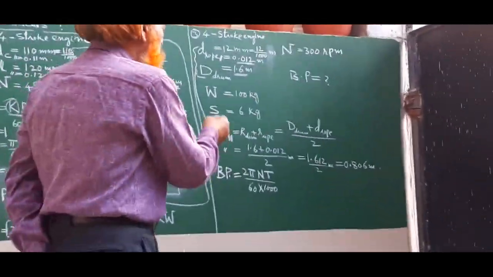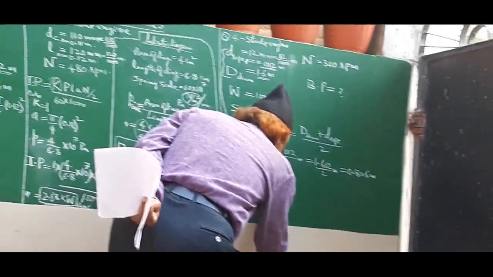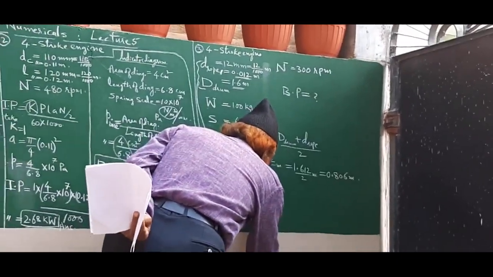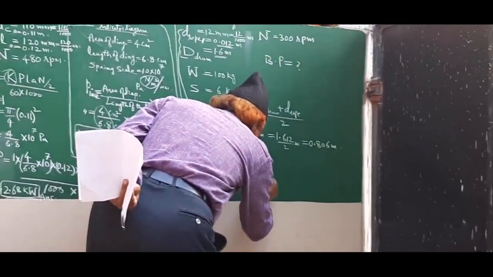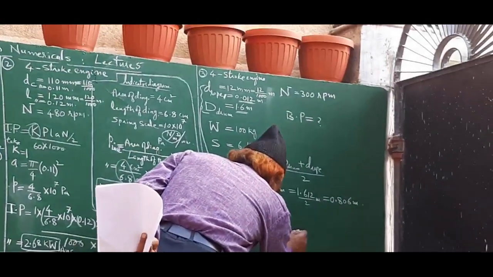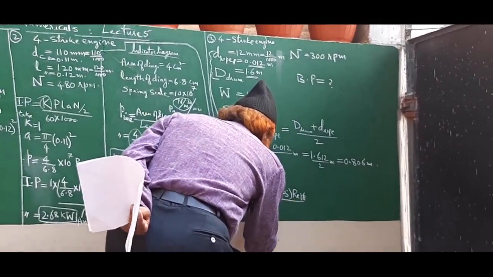Otherwise, the formula can be changed to 2 pi N into W minus S multiplied by R effective, which gives the torque, divided by 60 into 1000.